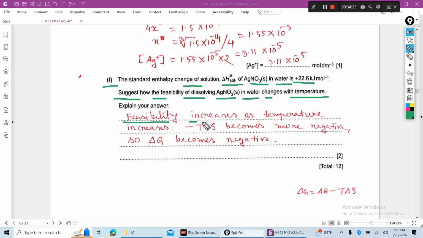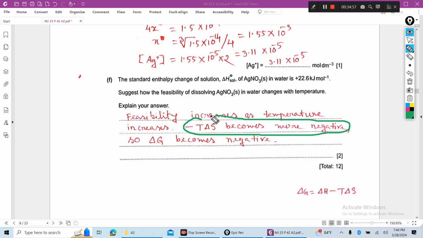Feasibility increases as temperature increases, because as T increases, minus T delta S becomes more negative, so Gibbs free energy becomes negative. Delta G equals enthalpy change minus T delta S. As temperature increases, Gibbs free energy decreases and becomes negative.